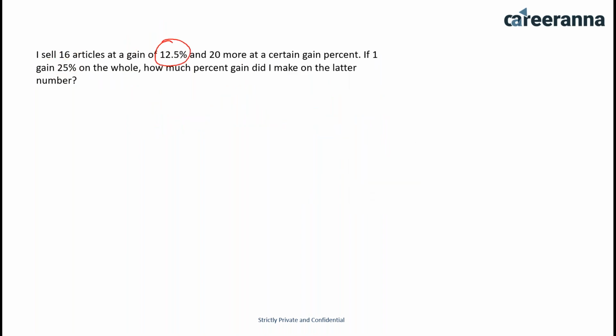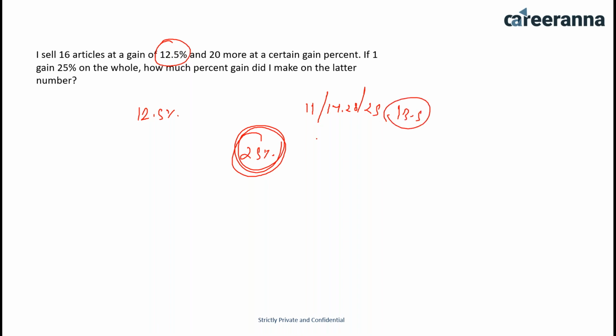If 12.5% profit is there, and overall 25%, it cannot be 11 or 14 point something. 13.5% cannot be the answer because it should be greater than this number, because it is 12.5. Is it clear to everyone?